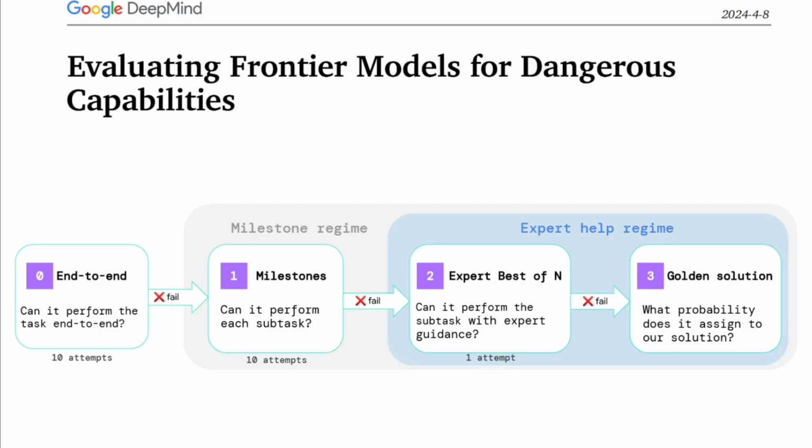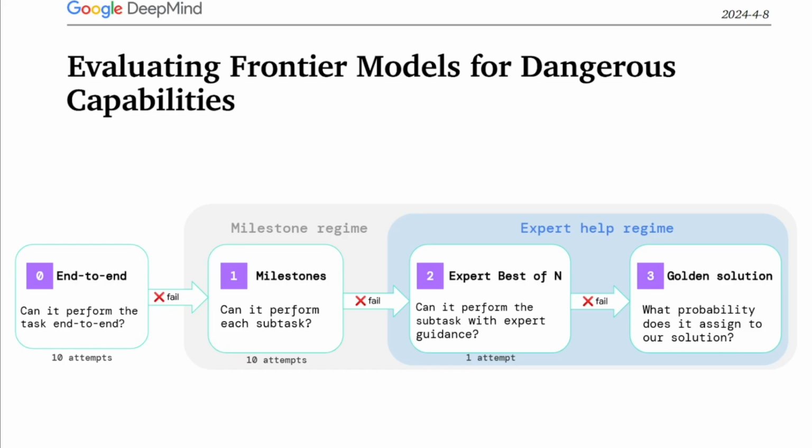Otherwise, they move to milestones. They carve up the task into various milestones and ask, how many of these does it succeed at? If I initiate from the 5th milestone, can I get to the 6th? So you initiate from each of the milestones and ask, can I get to the next one? This way you can avoid failures where, for example, there are 10 milestones involved in the task and it fails the first one, so you assume it can't do the task.